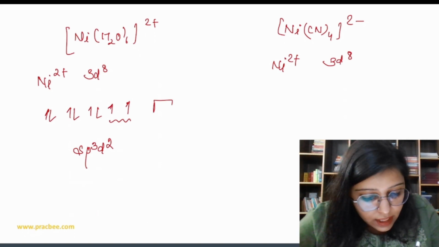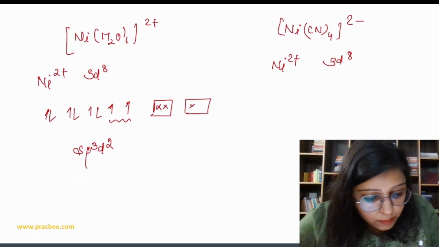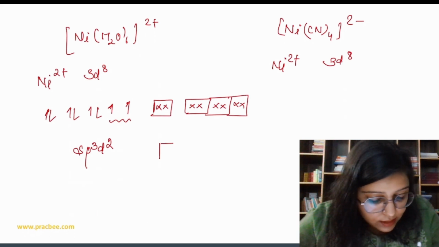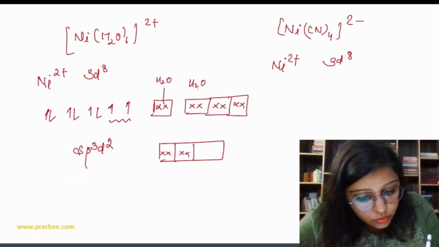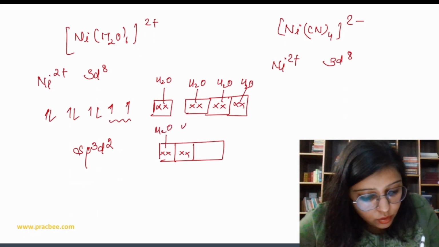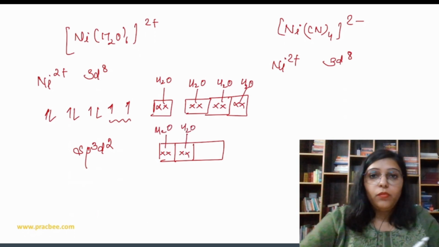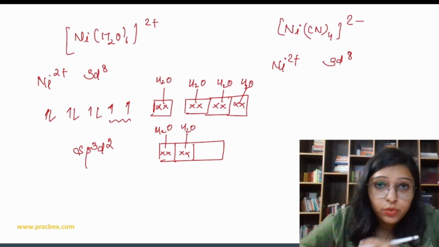So in s, 2 electrons from water, then in p, 3 orbitals, then in d, 6 electrons from the six H2O ligands. So that is going to be sp3d2.